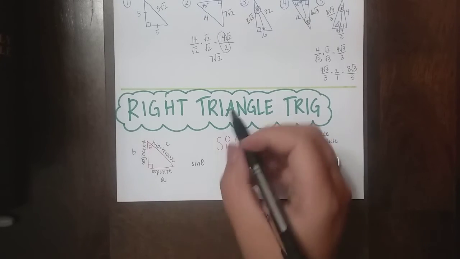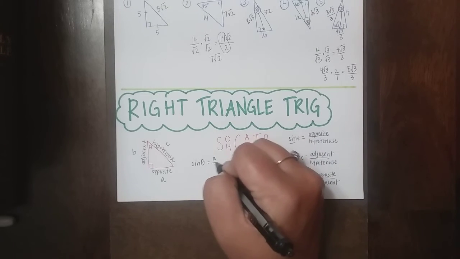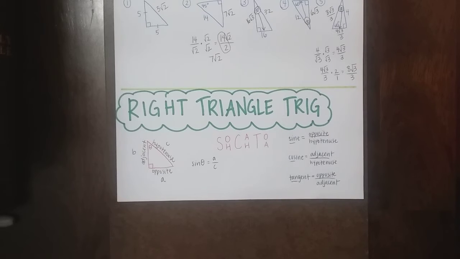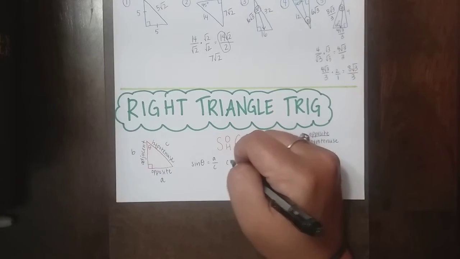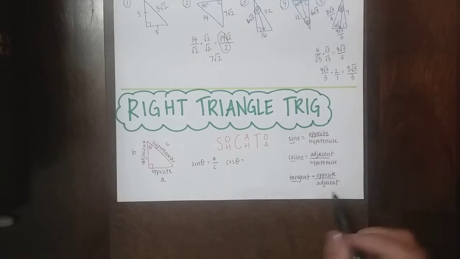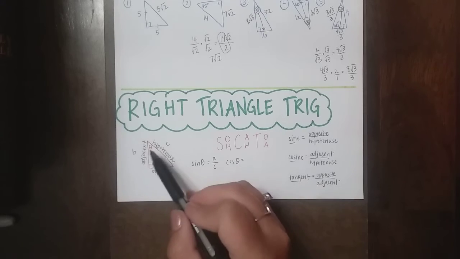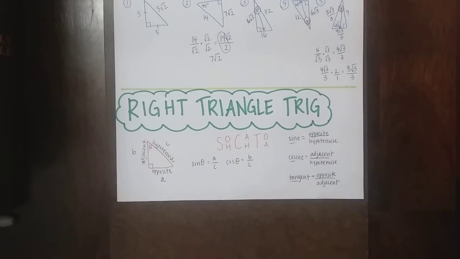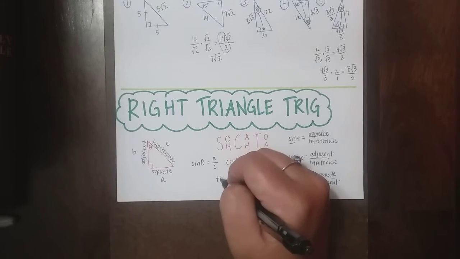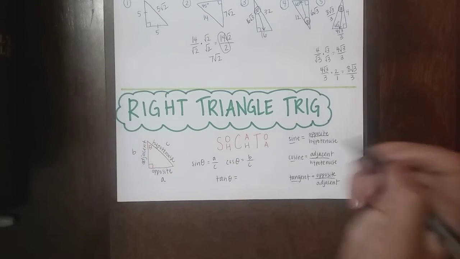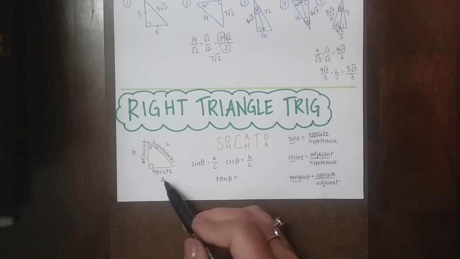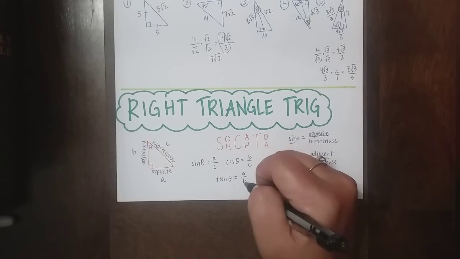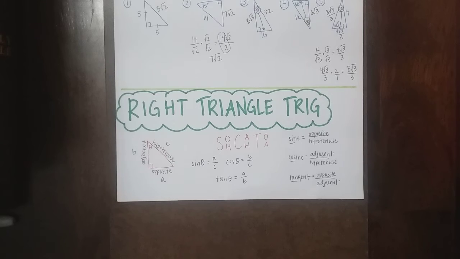My opposite side is A, and my hypotenuse is C. So sine of theta equals A over C. Cosine of theta is adjacent over hypotenuse, so B over C. And then tangent of theta is opposite over adjacent, so tangent of theta is A over B.